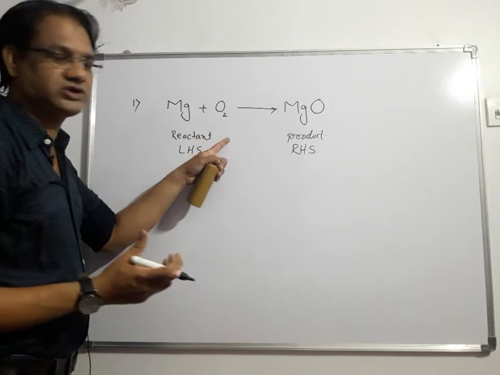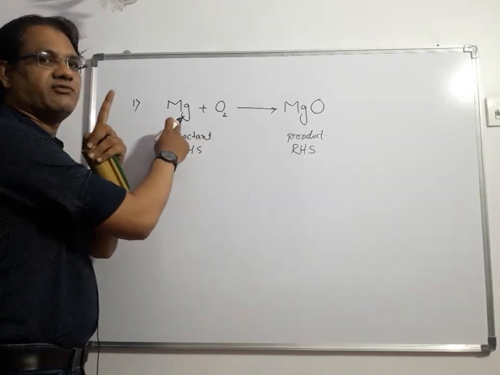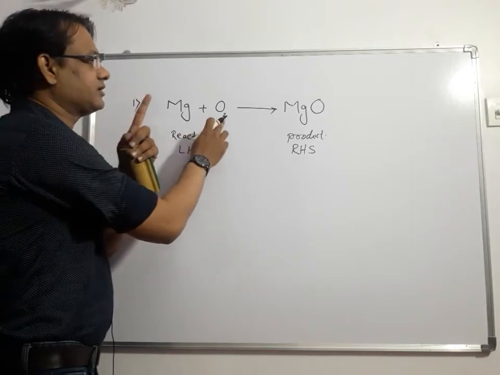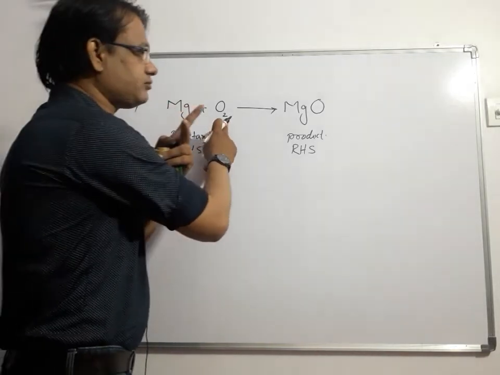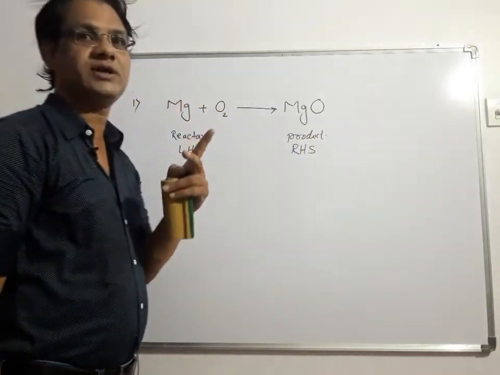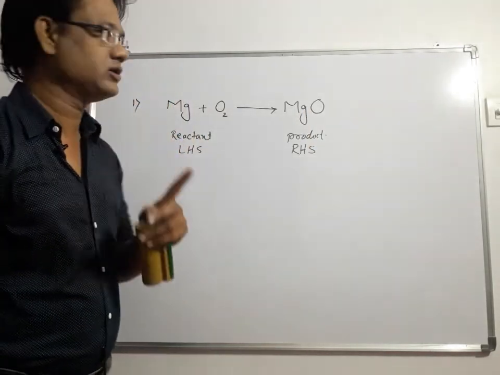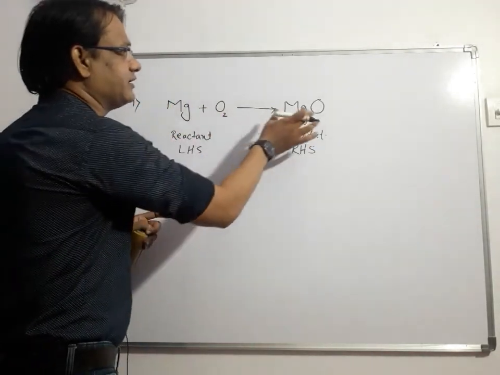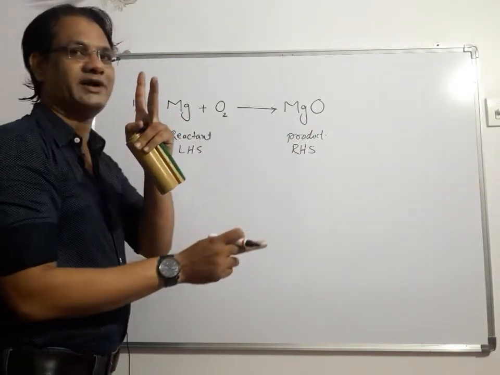So in this equation, on the left hand side there is magnesium, only one magnesium, and there is oxygen, two oxygens. On the product side there is magnesium oxide. In magnesium oxide also two atoms are there, and in oxygen two atoms are there.